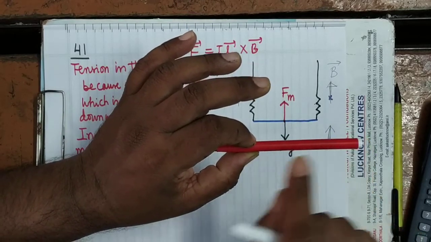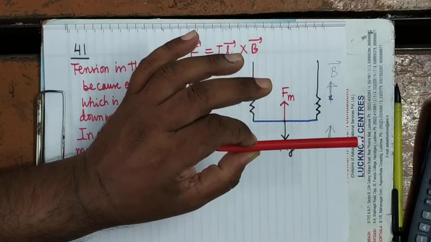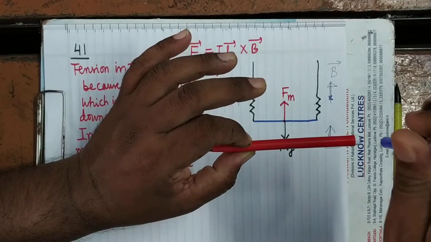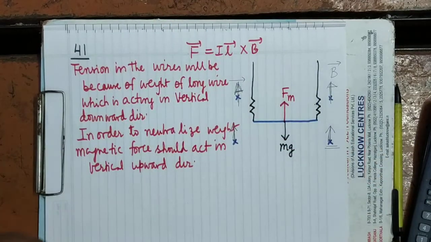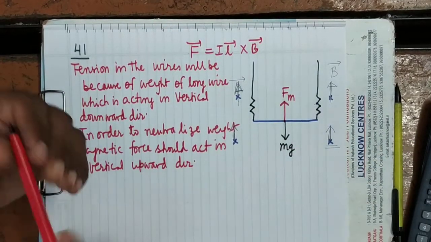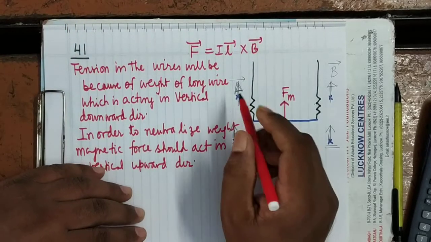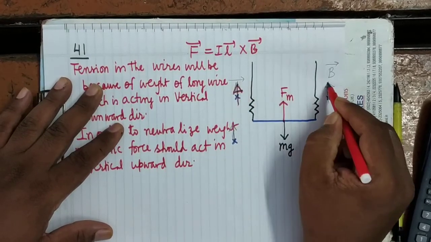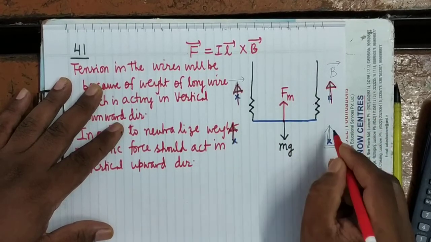Therefore, in order to keep the tension in the hanging wires zero, magnetic force should act in upward direction. And if magnetic force is acting in upward direction, therefore magnetic field cannot be this. So magnetic field is actually this, which is wrongly shown in the book. It is on the plane of paper, but towards the upside.